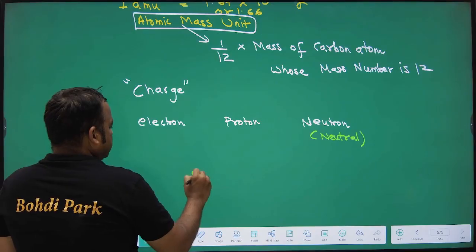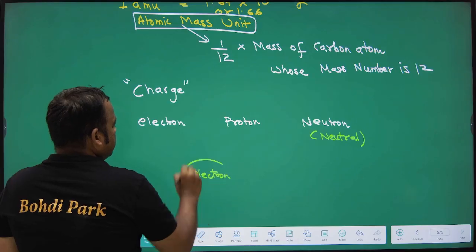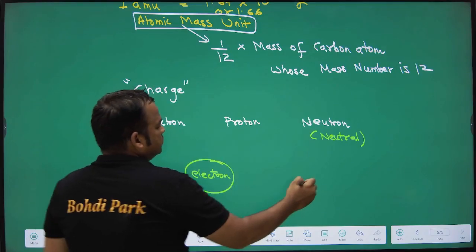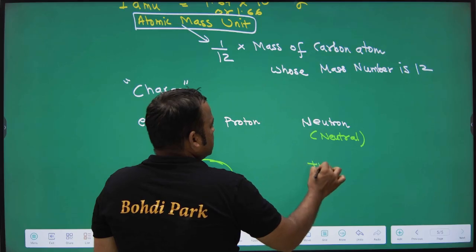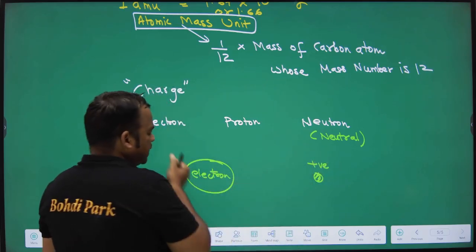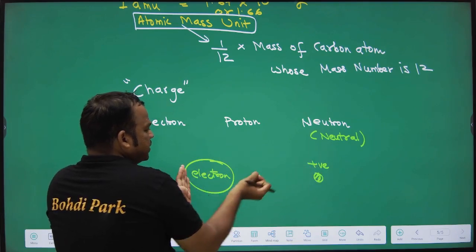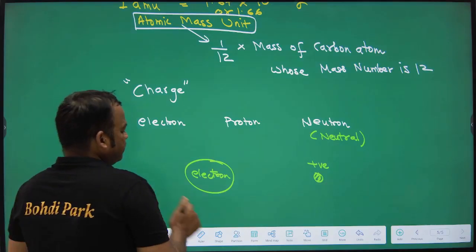Let's suppose we have an electron here, and there is some positively charged body. So this electron will attract this positively charged body.